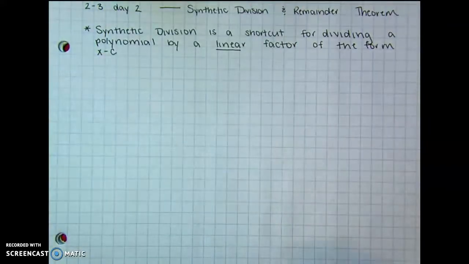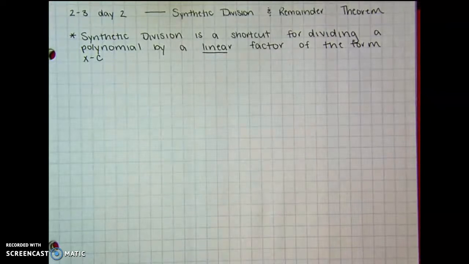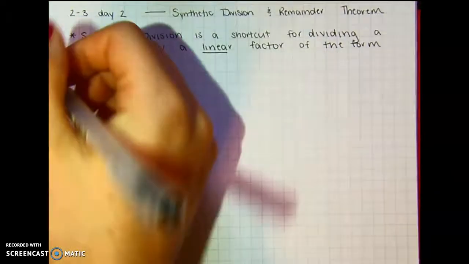So synthetic division is nice when you're dividing by a linear factor. You can't use it if it's not a linear factor, so if you're dividing by a cubic or a quadratic or really any other type of polynomial, it's just not going to work. But it works for linear and it's quick, so that's really nice. So this is how it works.